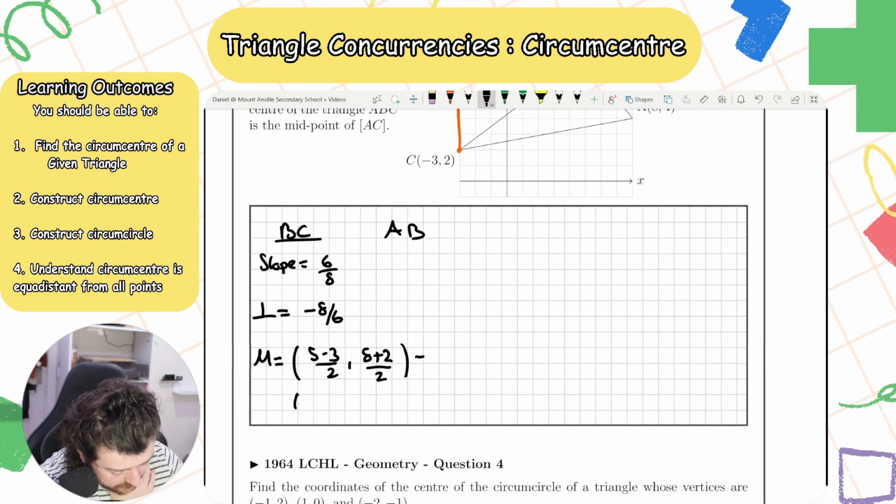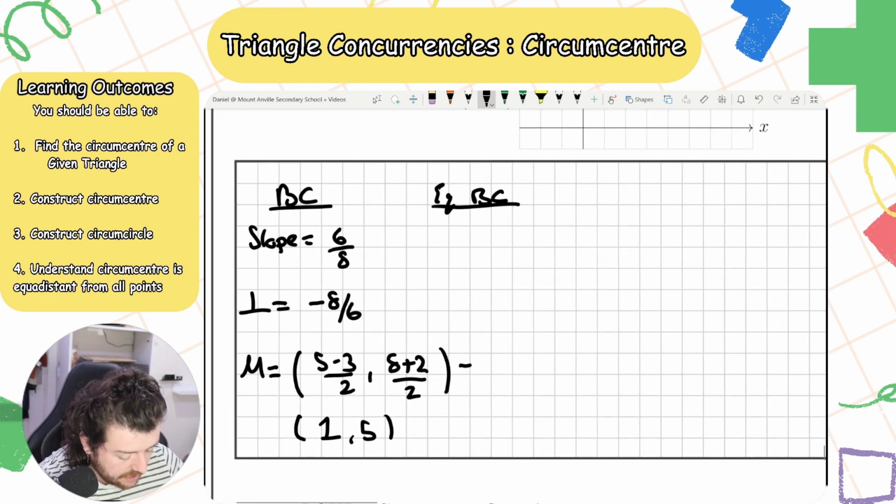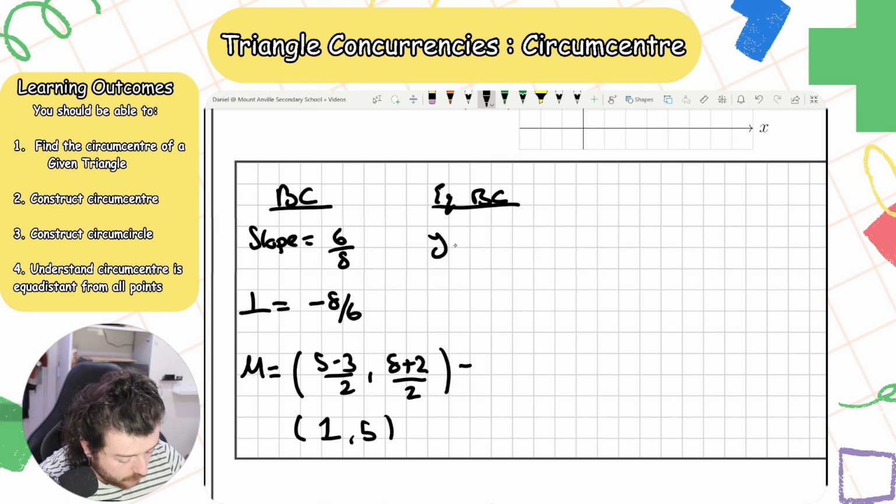So the midpoint is going to be (1, 5). So my equation of the line BC's perpendicular is going to be y minus 5 equals minus 8 over 6, x minus 1.